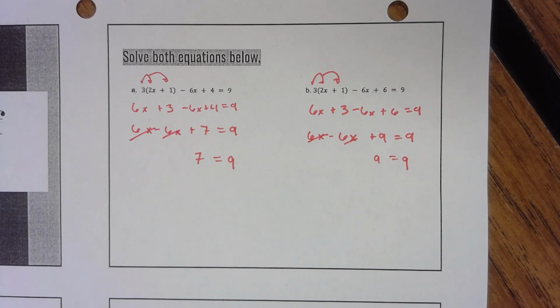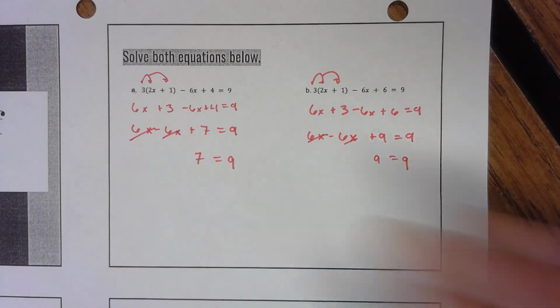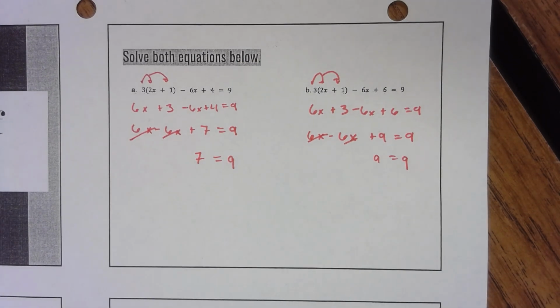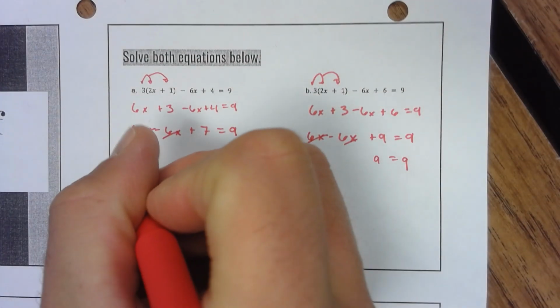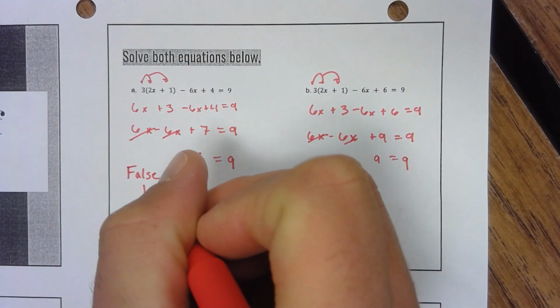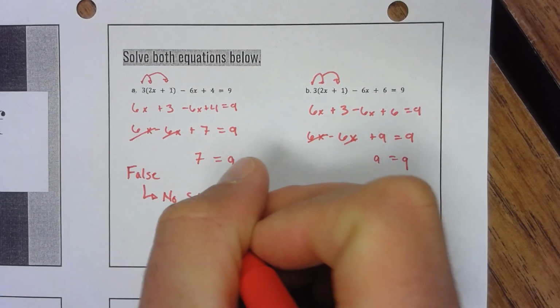Okay, so if I get down where all the x's eliminate, and we are left with something that does not make any sense, like 7 equals 9, we're going to consider that a false statement, right? 7 does not equal 9. And thus the conclusion is that there's no solution to this.